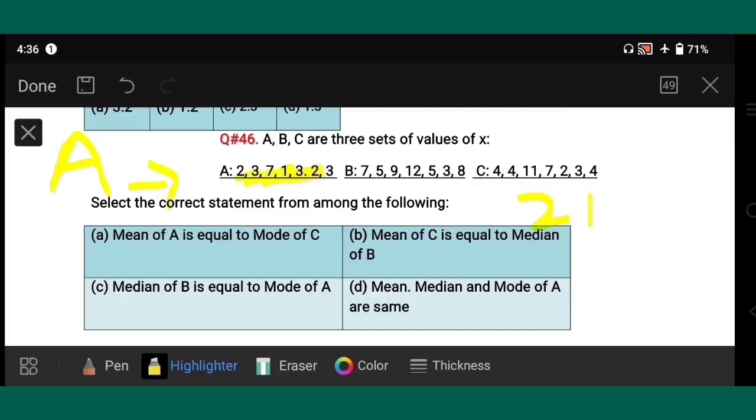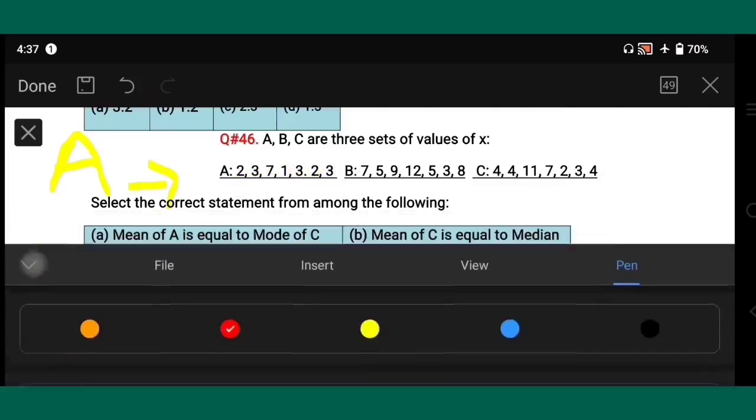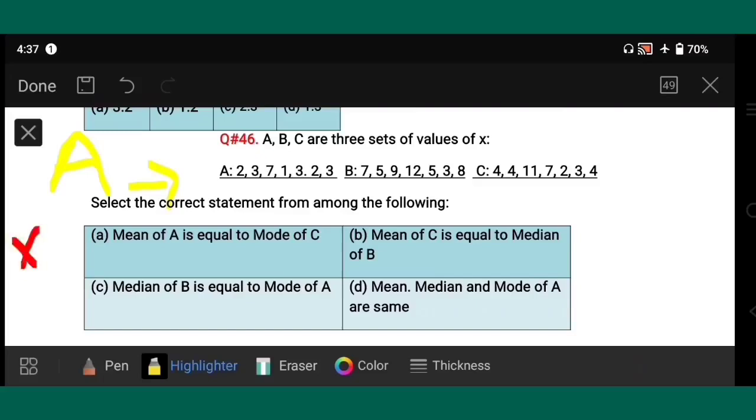So 21 is the sum, while the number of values is 1, 2, 3, 4, 5, 6, 7, so it gives 3. So the mean of the set of values A is x bar equals 3.